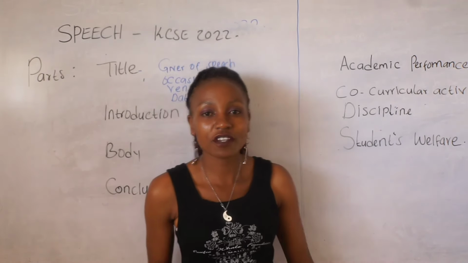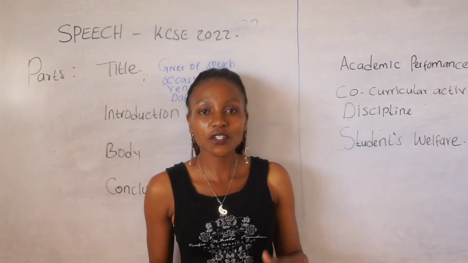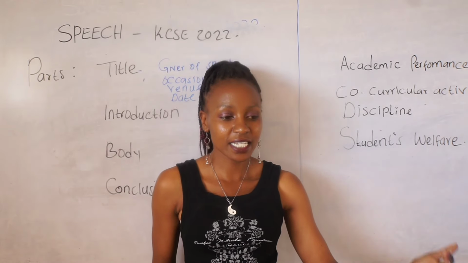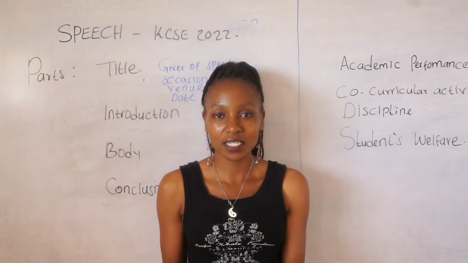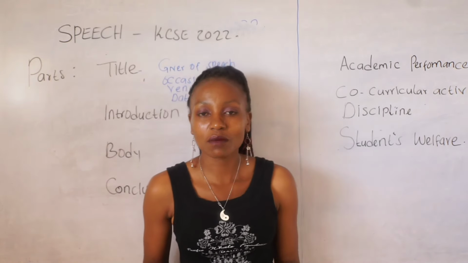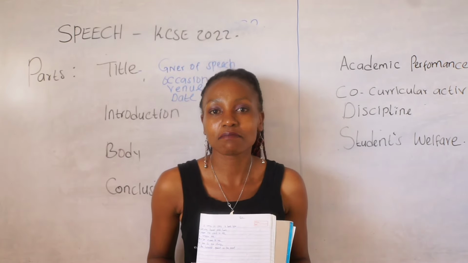So what can you say about academic performance? Maybe you can talk about how they performed the previous year. Was there a negative deviation or a positive deviation? What was their mean? Talk about it at this point. And also you can talk about the strategies to ensure that there is excellent performance.